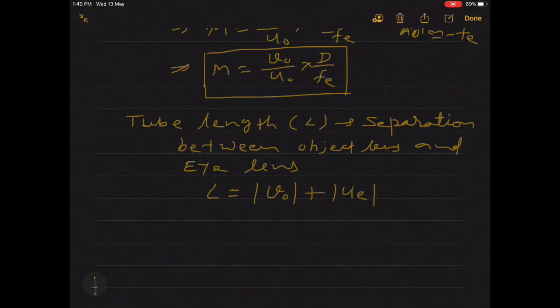This will help you in solving the numerical problems related to compound microscope. And please remember, mod is to be taken for VO and UE. It means you are not supposed to use negative sign.